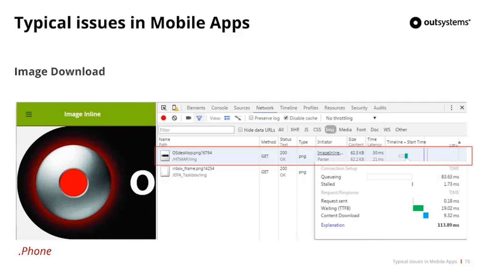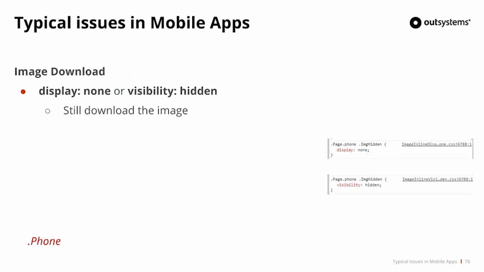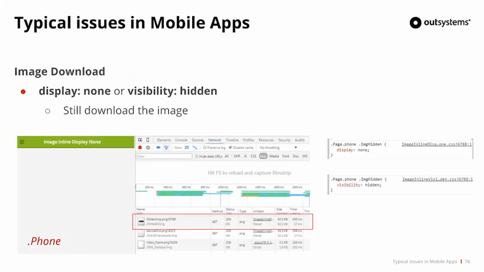So this is another typical issue. Imagine that you have an image on desktop that you don't want to load on the phone. Of course, there is a very good approach, but in most of the cases, people just hide the image.